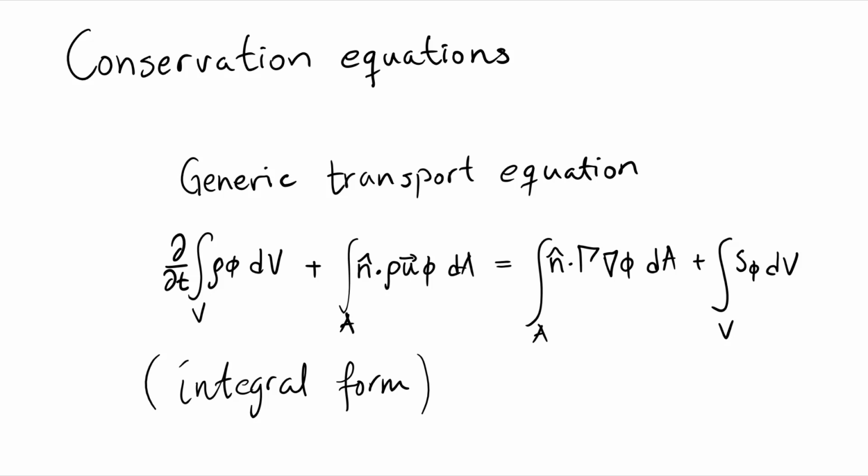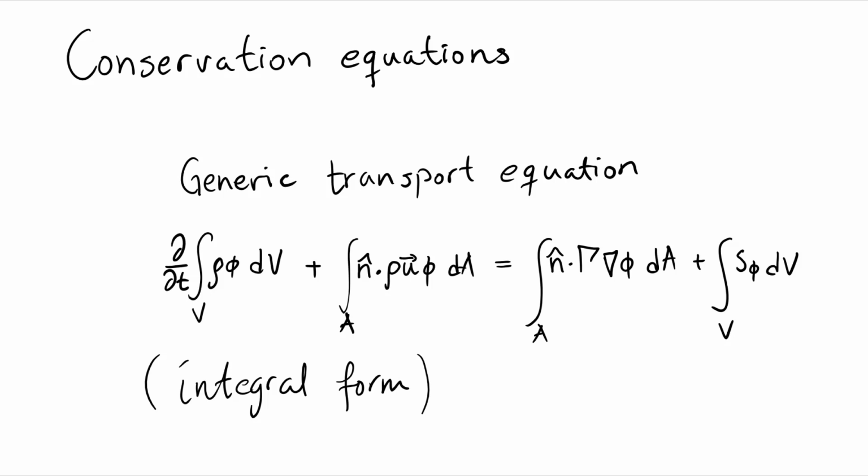Let's begin with the conservation equations. The finite volume methods use the integral form of the conservation equations. Here you can see a generic transport equation in which, on the left hand side, we have a transient term, then a convective term, and the first term on the right hand side is a diffusive term, and then we have some sort of source term.